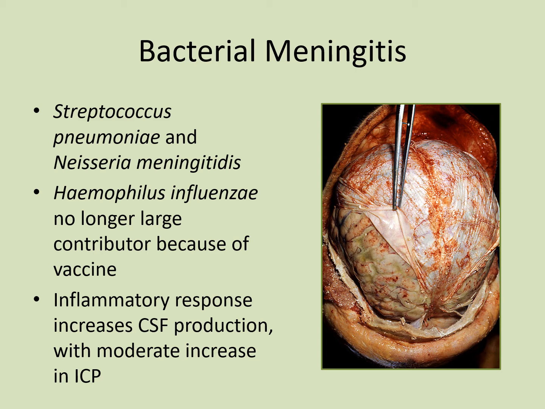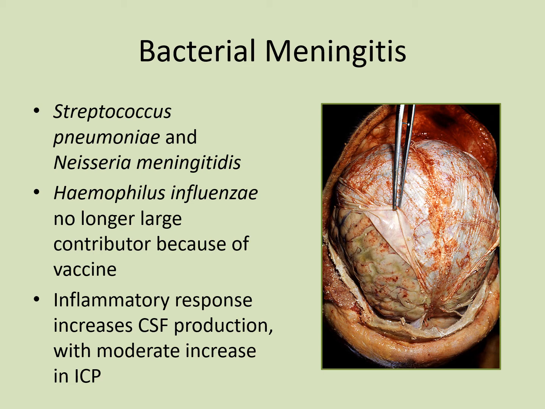There used to be more bacterial meningitis as a result of Haemophilus influenzae, but that's no longer true because of the H influenzae vaccines that we have to prevent people in general from developing bacterial meningitis from Haemophilus influenzae. So we do have vaccines to help prevent that type of meningitis.